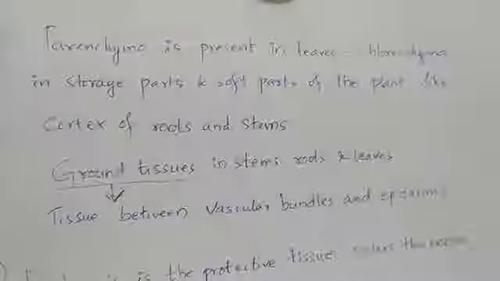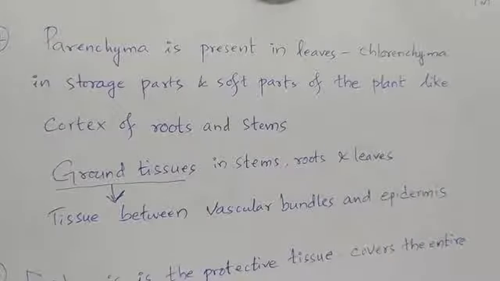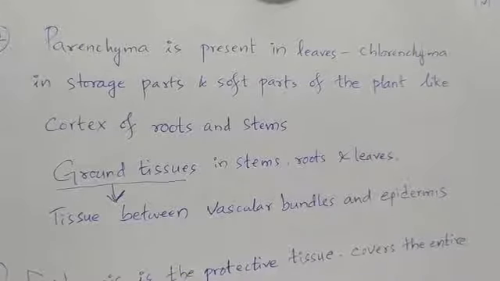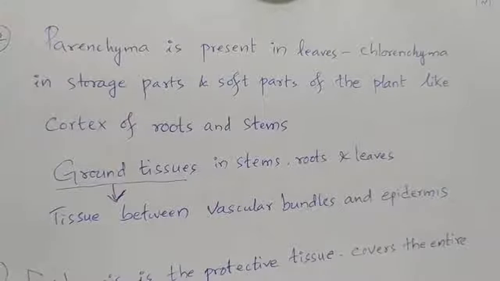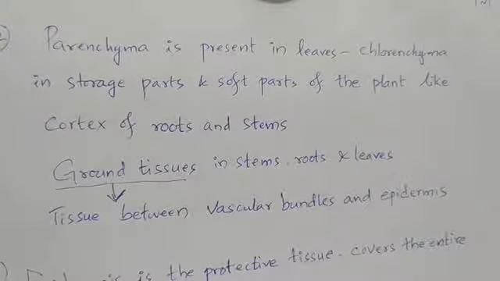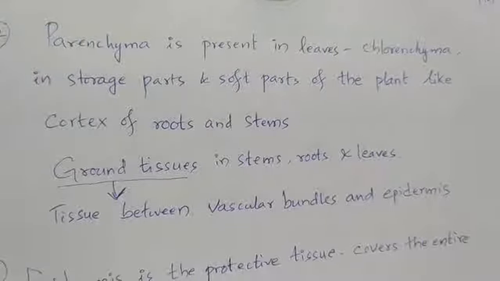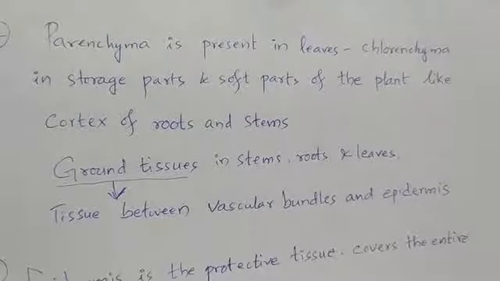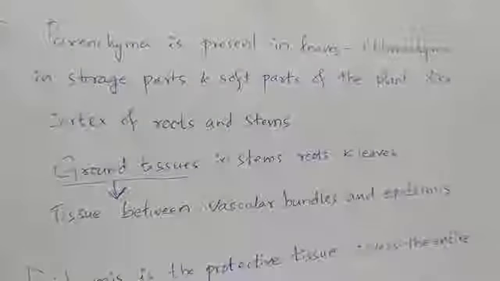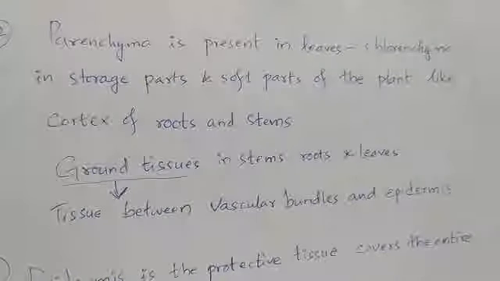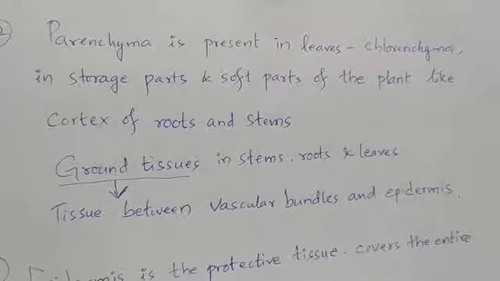If you take any structure, root, leaf, stem, you can find outer epidermis and inner vascular bundles. Between the epidermis and vascular bundles, the remaining area is known as ground tissue. Regarding this, in your 11th class, you will learn completely. In this ground tissue, parenchyma is present mostly.